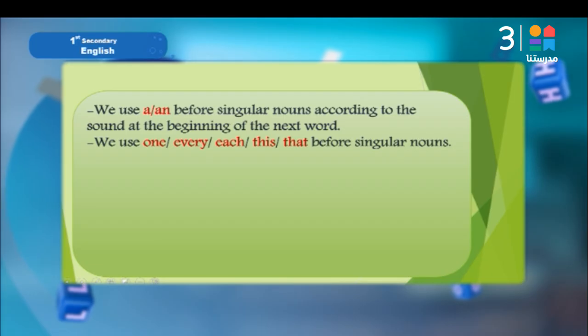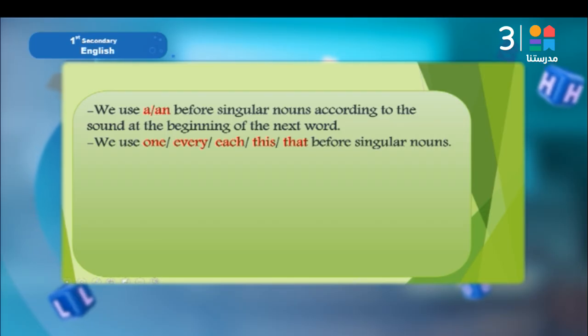A or an before a singular noun, according to the sound at the beginning of the next word. Sound ايه؟ في المدرسة عرفنا ان A بتيجي قبل الكلمة اللي أولها حرف ساكن، وan بنحطها قبل الكلمة اللي أولها حرف متحرك. What does the sound have to do with it? We'll find out about the sounds and their relation to vowels and consonants in the upcoming slides. So be patient.